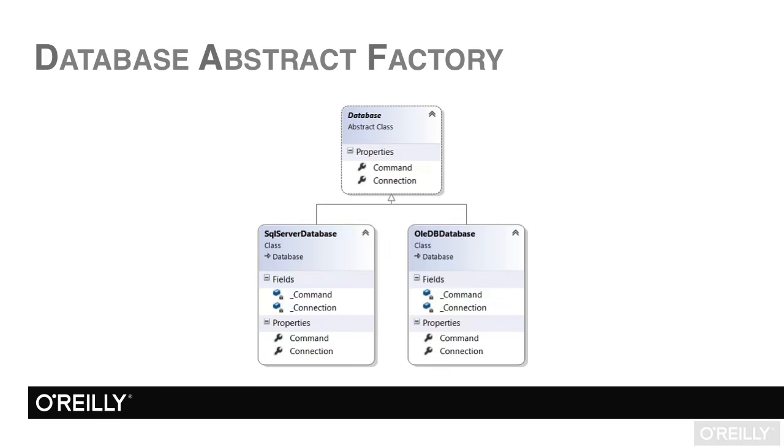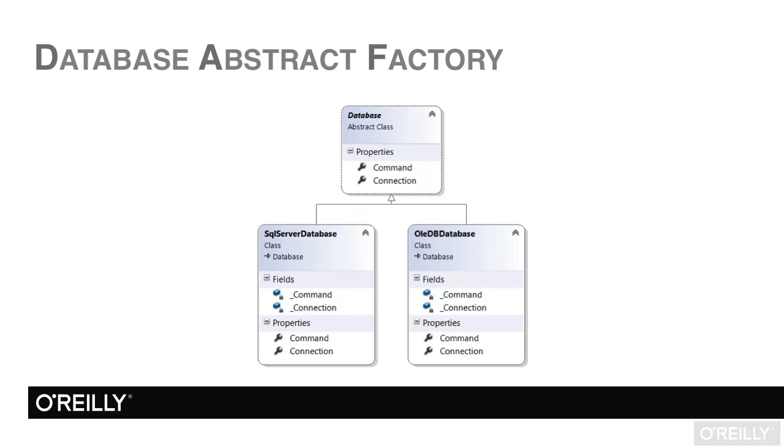And here's our class diagram, and you can see that we have the abstract class database, and it has the properties command and connection. And then we have our SQL Server database class, which inherits from that, and it, of course, has the command and connection properties, as well as some internal private fields for _command and _connection.